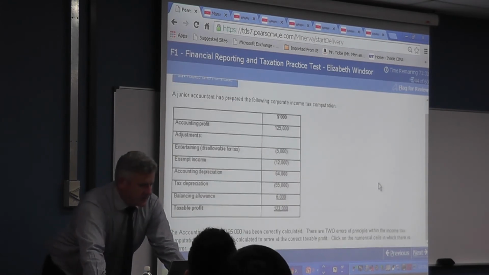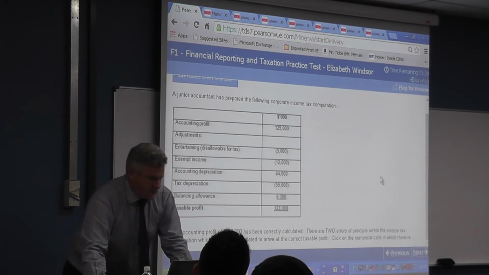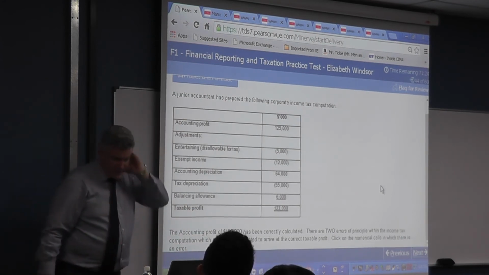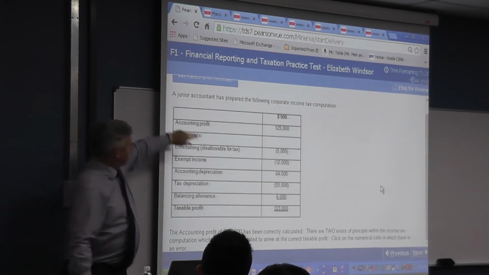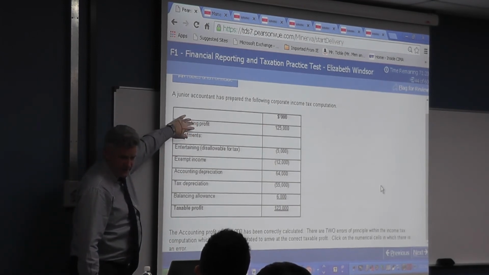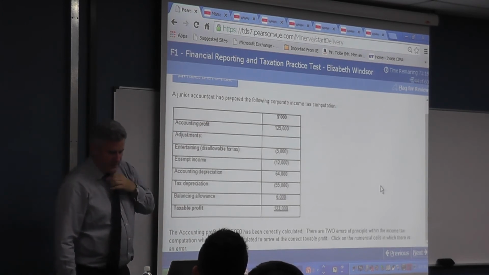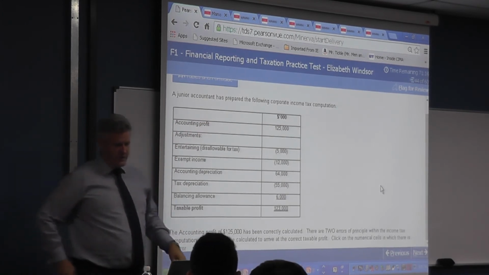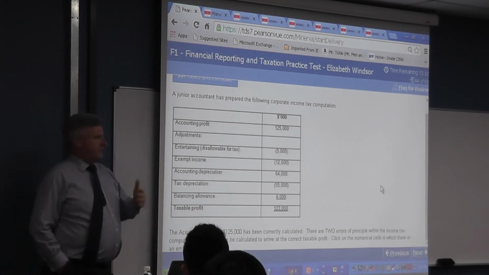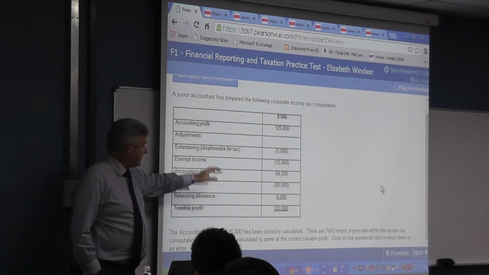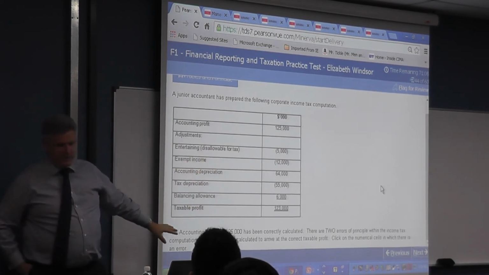Right, look in here. A junior accountant prepared the following corporate income tax computation. That's it there. The accounting profit of 125,000 has been correctly calculated. There are 2 errors of principle within the income tax computation which need to be calculated to arrive at. Right, so this tells you what's an error of principle. It's not an error of calculation. It's something's in there that shouldn't be in there.